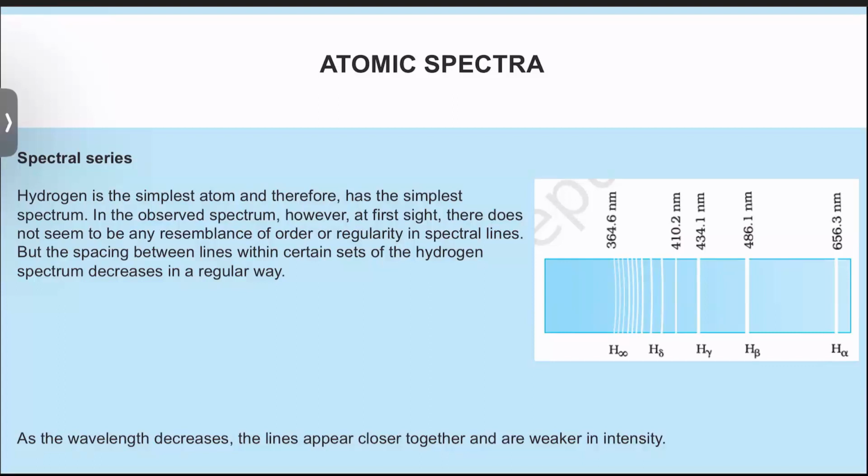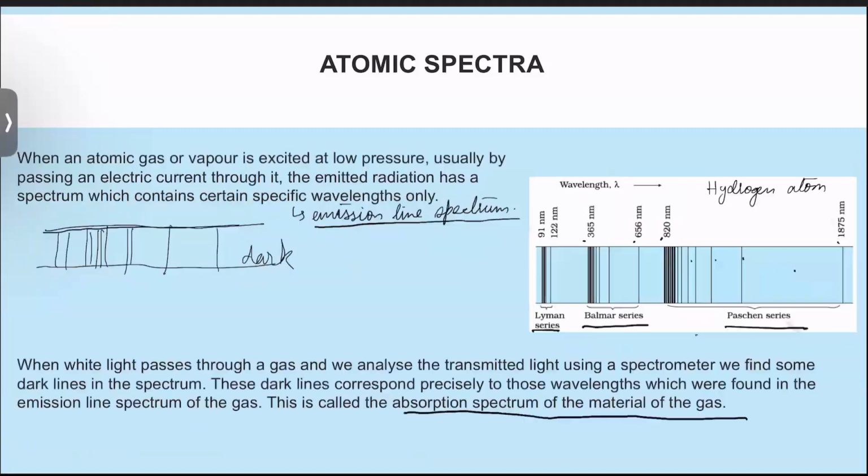If we take hydrogen as an example, you can see that there is spacing between the sets of lines, and each of them is characteristic of a specific wavelength. So this is the spectral series for the hydrogen atom.